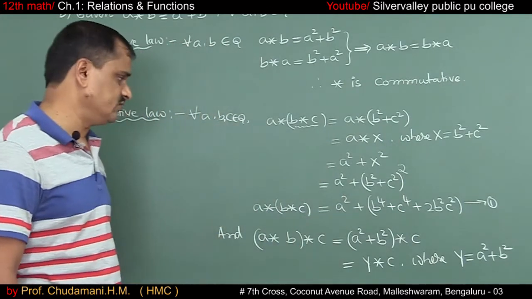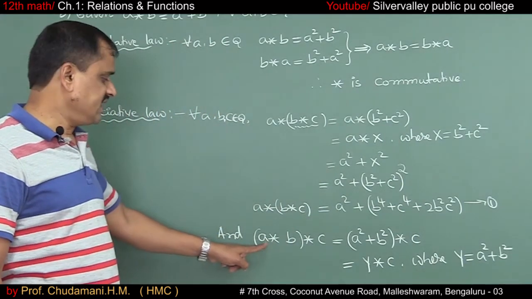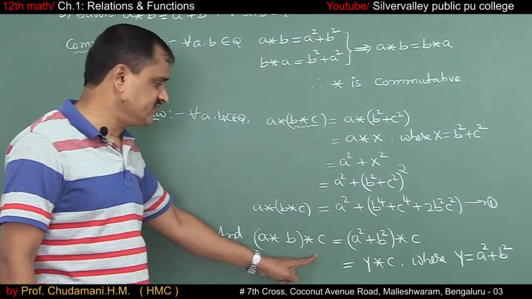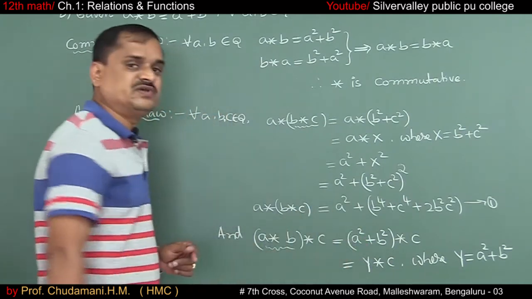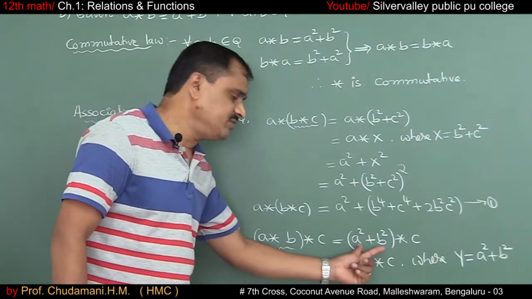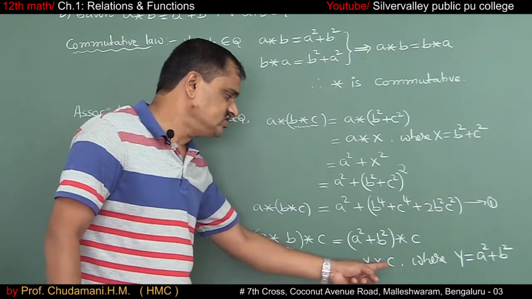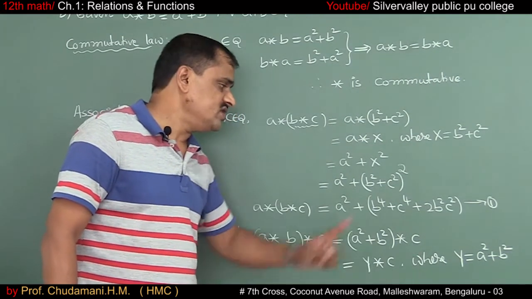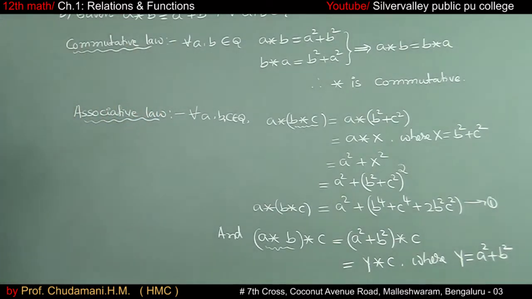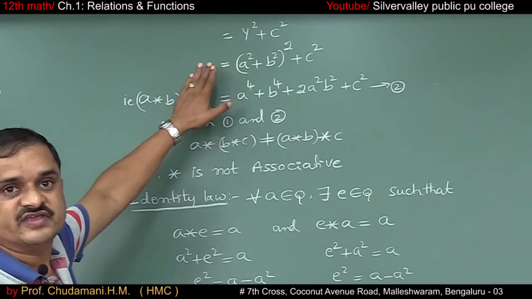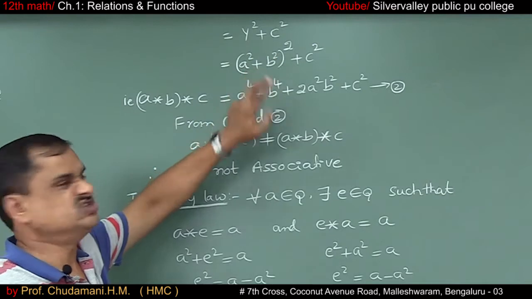Call it equation 1. And (A star B) star C is equal to, A star B can be written as A square plus B square, star C. Let me denote this as Y, Y star C, where Y is equal to A square plus B square. This is equal to Y square plus C square.